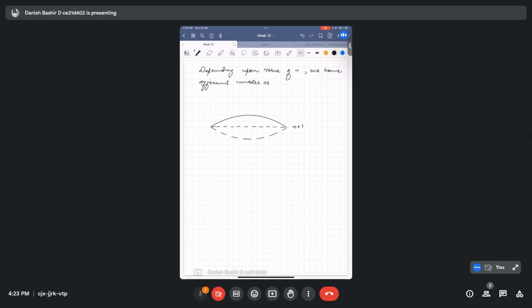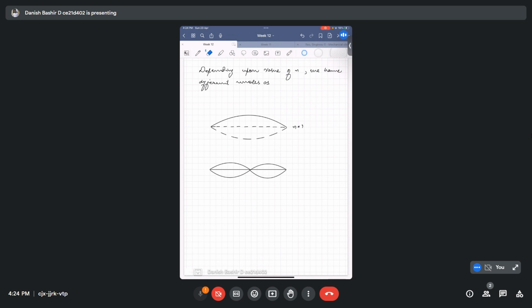If n is equal to 2, what will be the case? Same string of same length, so we will be having one crossing, one like this, and the motion will repeat up and down.